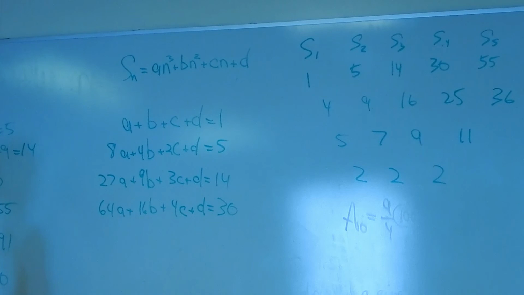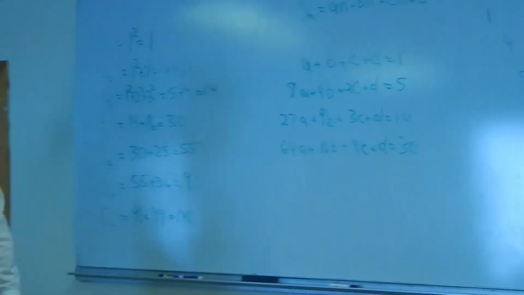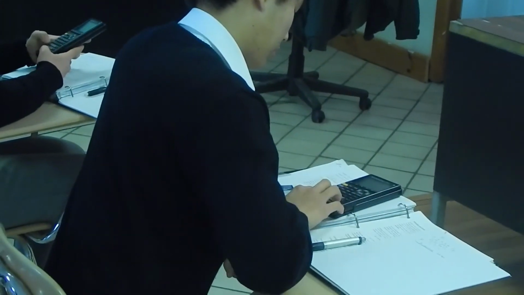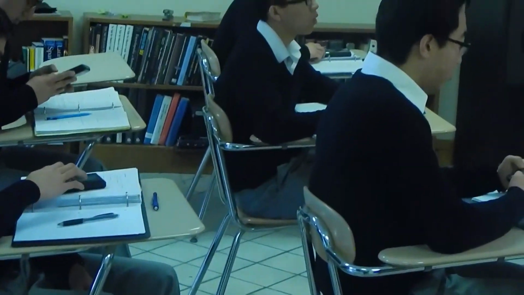Okay, so you guys are going to use the black box. Let's break this up as quickly as possible. You get a system, a matrix. Your coefficient matrix is a 4 by 4.